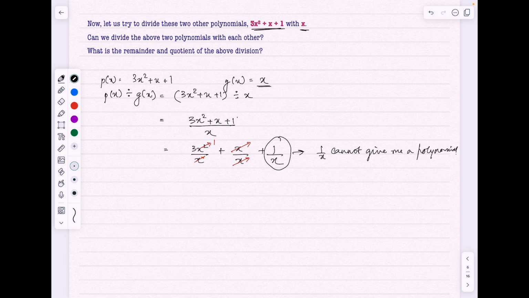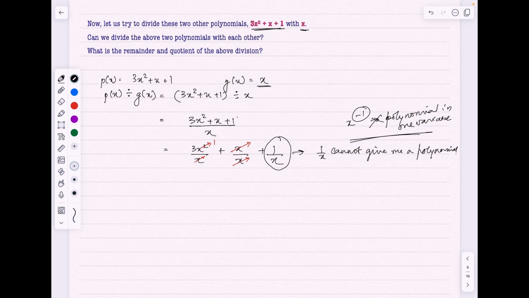In the first lecture itself I told you what a polynomial in one variable is. If the power is anything but a whole number, that is not a polynomial in one variable. Since 1 by x means x to the power minus 1, the power is negative, not a whole number. So this will never give me a polynomial in one variable.